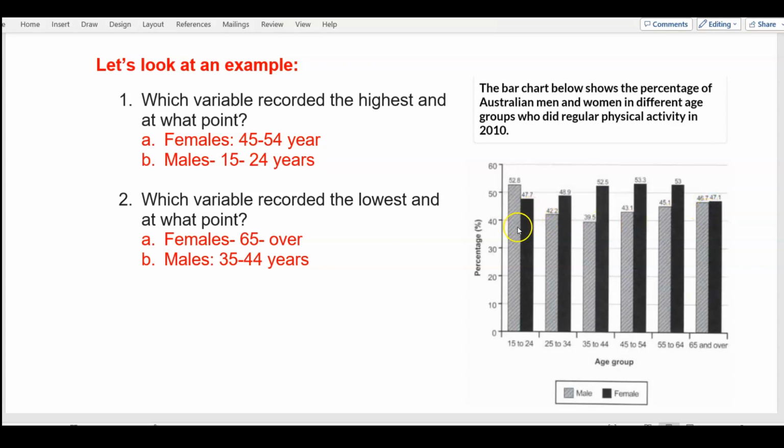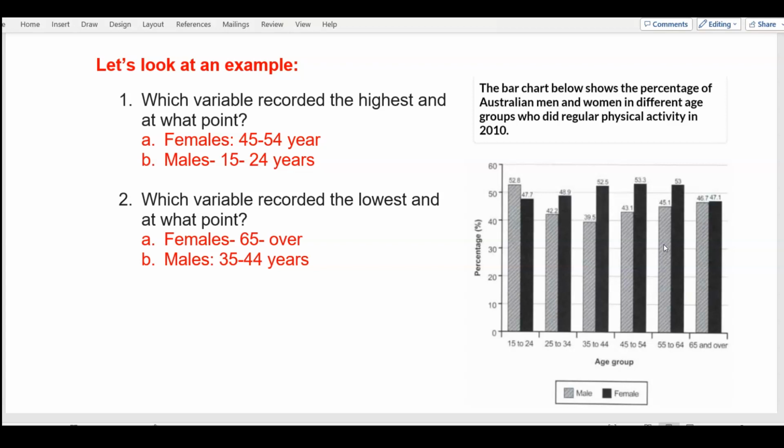So aside from the 15 to 24 age group, in all the other age groups the females actually involve themselves more in regular physical activities than the males.